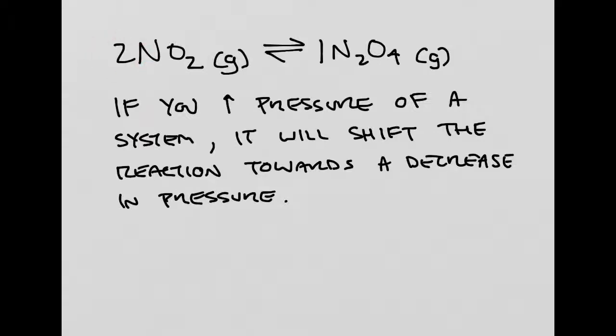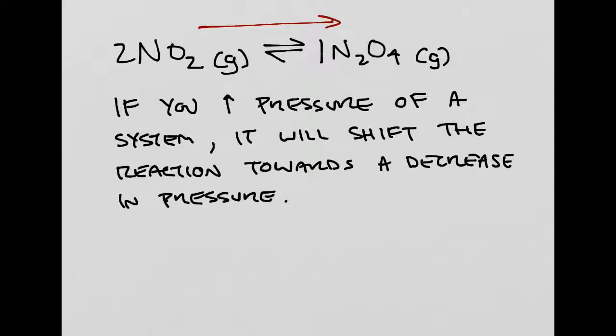So if I were to increase the pressure, in order to make the pressure decrease, it would be better to have this whole reaction move in this direction, because then you would lower the number of moles of gas. And if you lower the number of moles of gas, then you're going to decrease the pressure of that gas. This goes back to the gas laws that we covered in the winter term. I think you all understand Avogadro's law there.